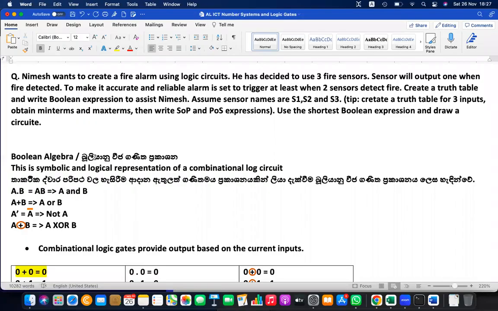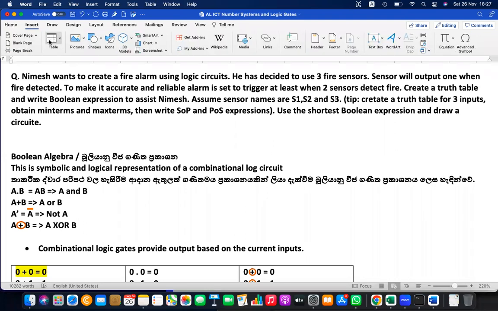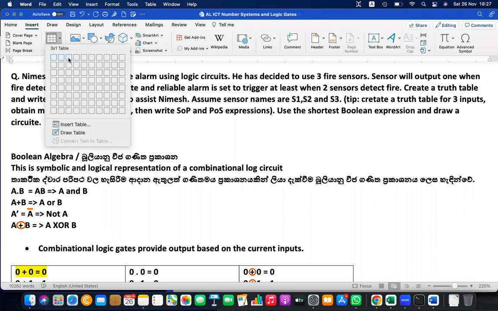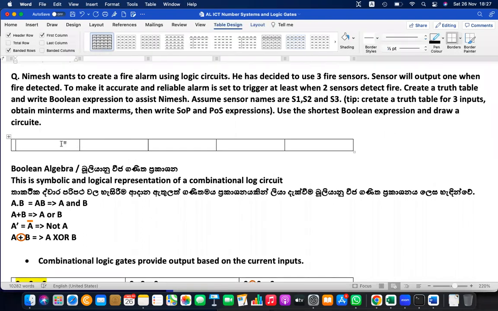Right. Okay. So the truth table here has 3 sensors, which means there are 8 combinations, so you have to draw it like this. Let's create a table with 3 sensors and the outputs, SOP and POS.